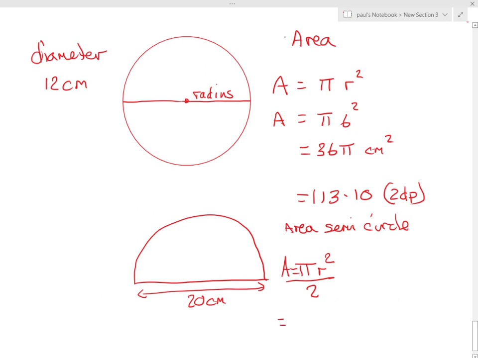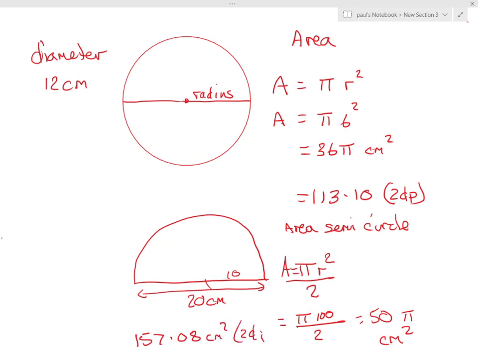R, the radius, is 10. So 10 squared, so it's going to be pi times 100 divided by 2, which is equal to 50 pi centimeters squared. Now, if we do pi times 50, we can do it as a decimal again, 157.08 centimeters squared to two decimal places.